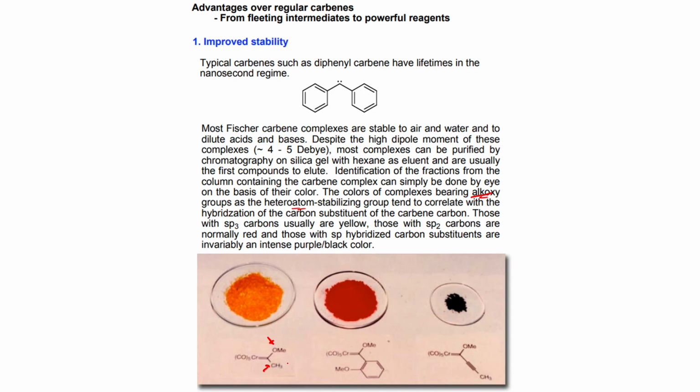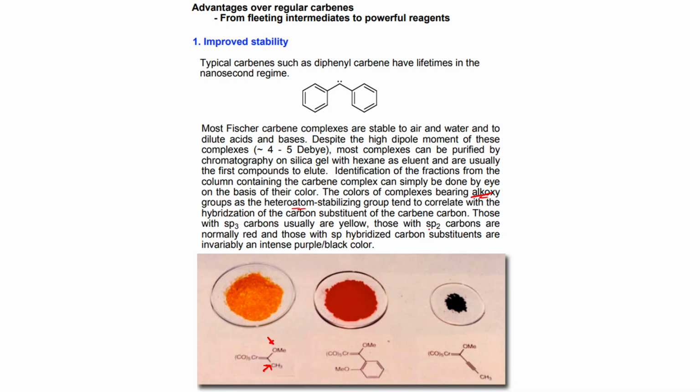So they are actually sp3 carbon. When it is an sp3 carbon, you see formation of this kind of yellowish solid, and that represents that the sp3 carbon is attached at this particular position.